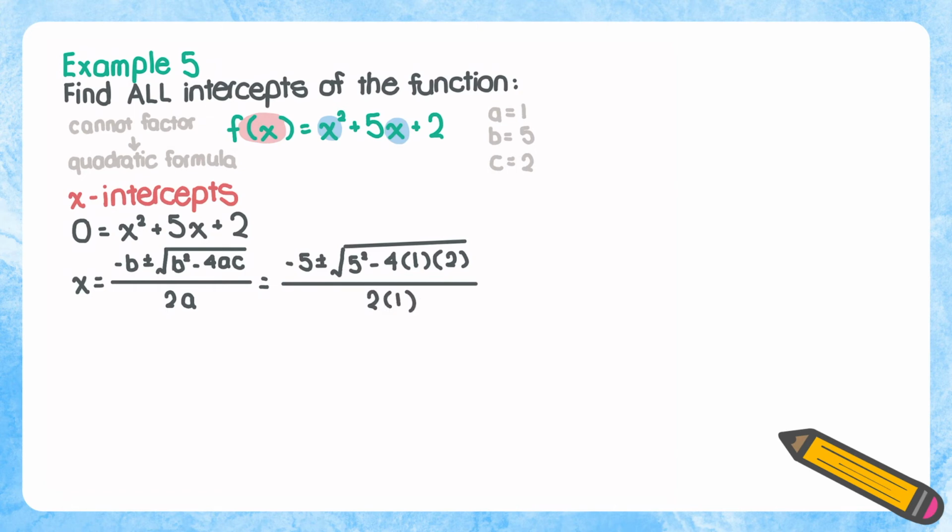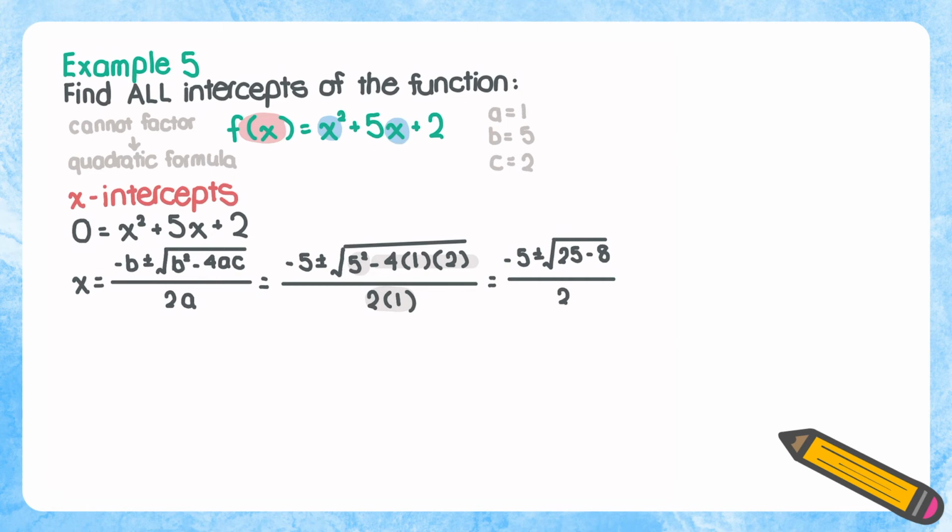And let's simplify this. So it's going to be negative 5 plus or minus. So 5 squared is 25. And then negative 4 times 1 times 2 is negative 8. So 25 minus 8. And then all of this over 2 times 1, which is just 2.